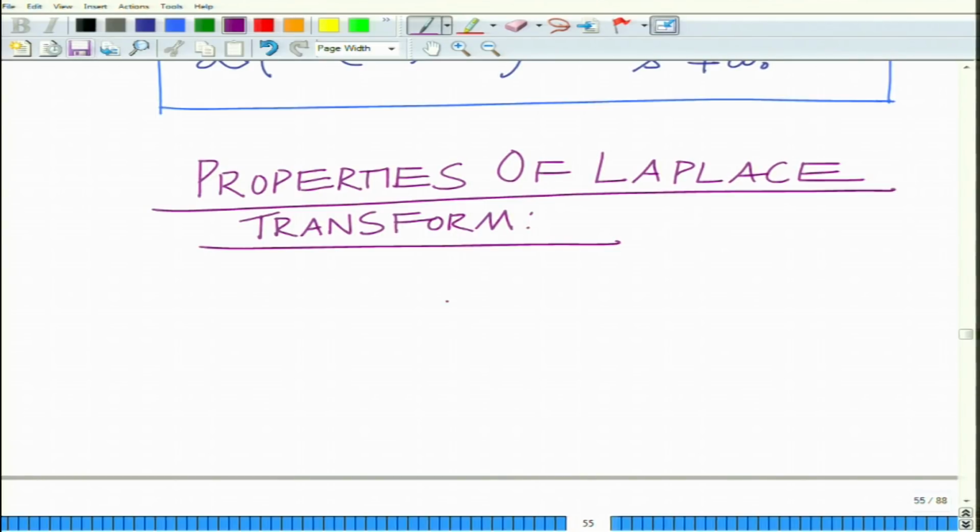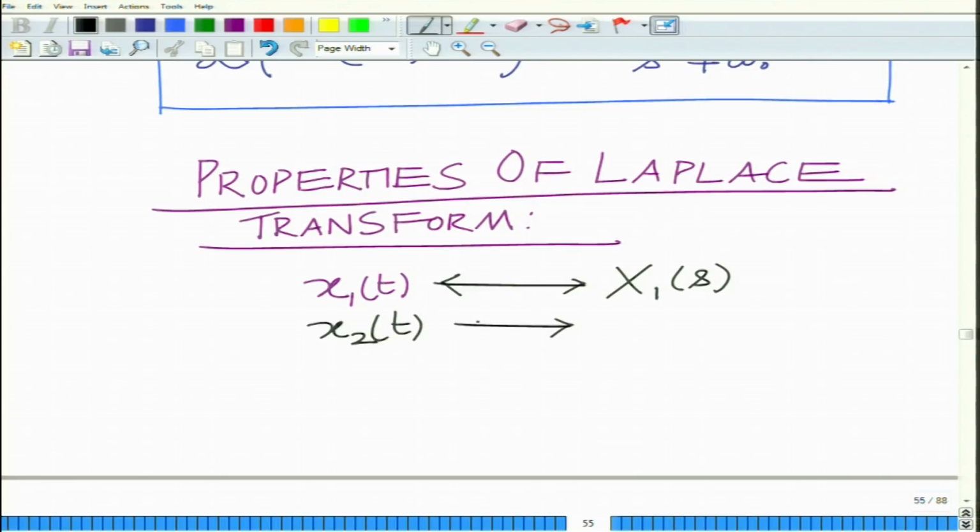Some of the properties of the Laplace transform, for instance, if you have two signals x1(t) with Laplace transform X1(s), x2(t) with Laplace transform X2(s), then the Laplace transform is a linear transform.